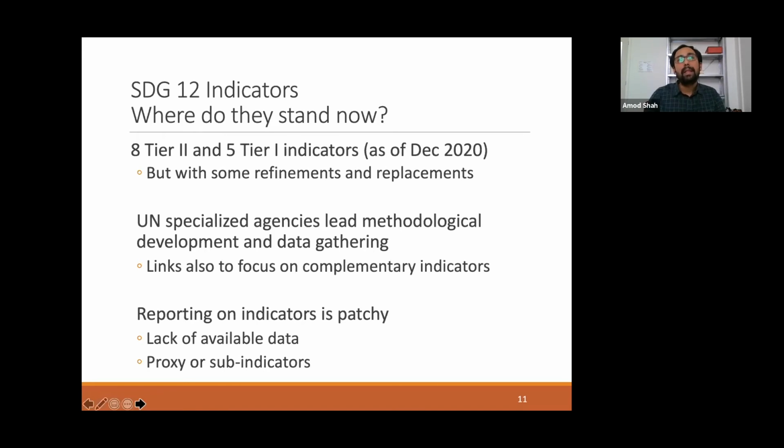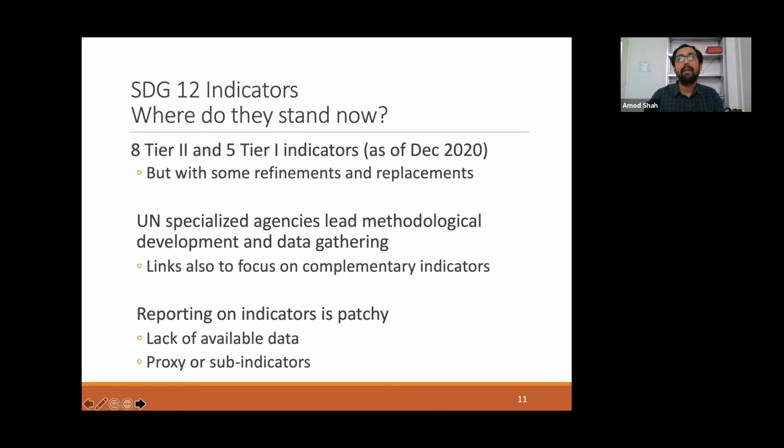But we also see that there have been substantial refinements and replacements. One good example, for instance, is that of the food loss index, which was 12.3.1. They've added a food waste index, so it covers the second part of the target. So you see these kinds of positive enhancements and improvements. Some are more unclear.